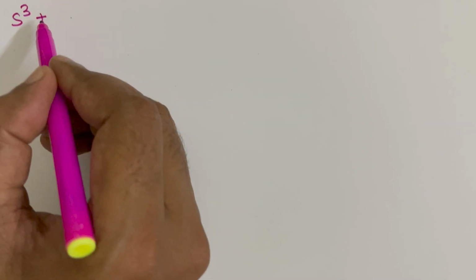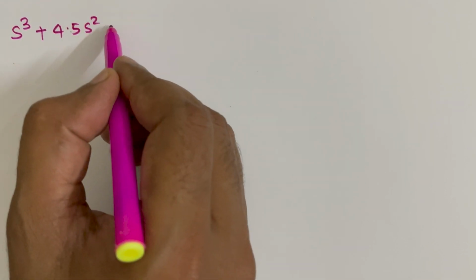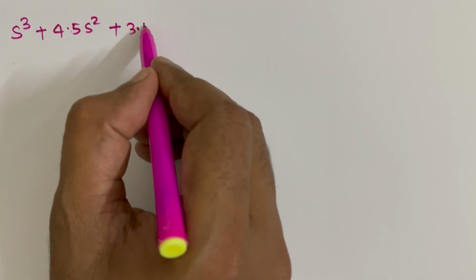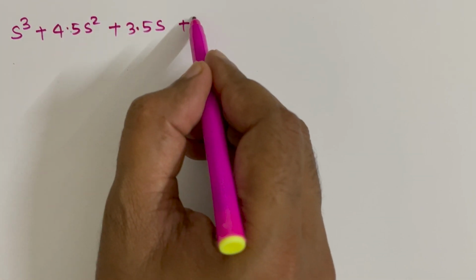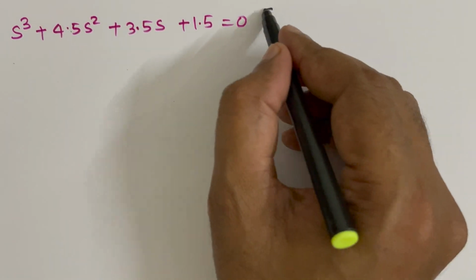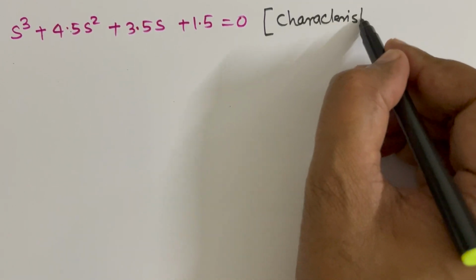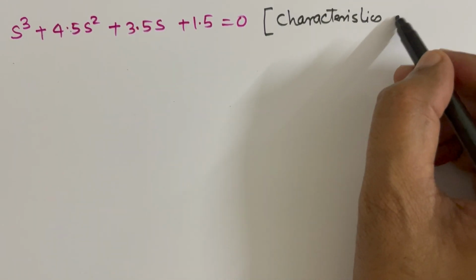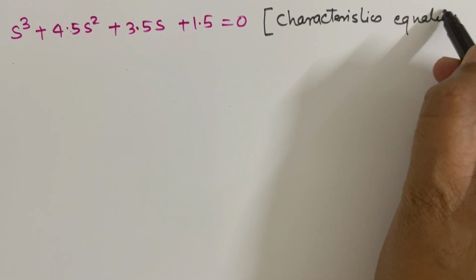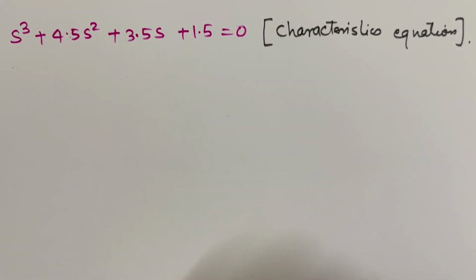Let us say you have been given a characteristic equation s^3 + 4.5 s^2 + 3.5 s + 1.5 = 0. Characteristic equations are those equations which are derived by taking the denominator of a closed loop transfer function equal to 0.